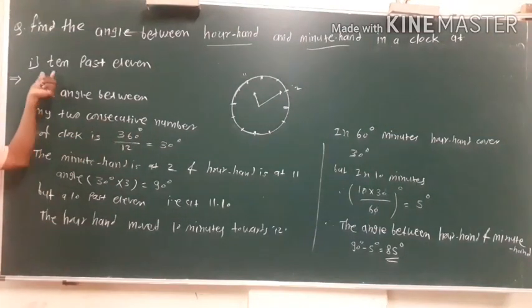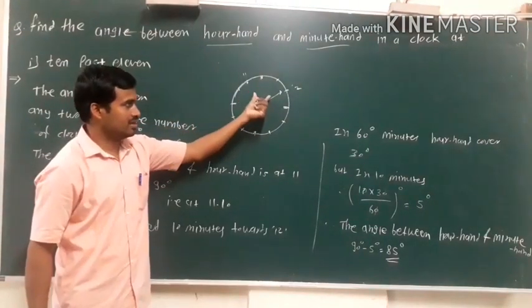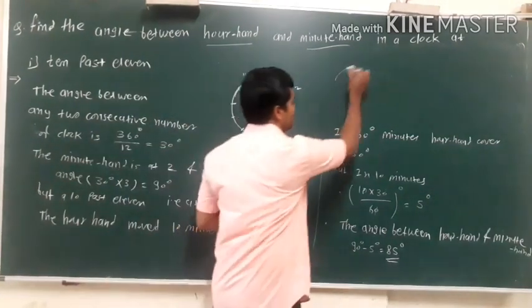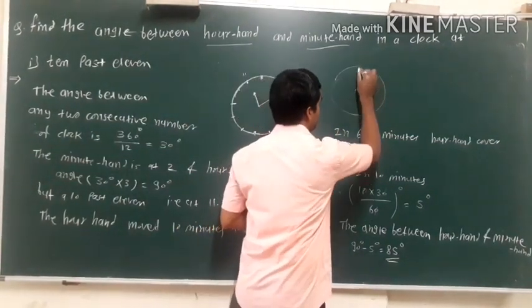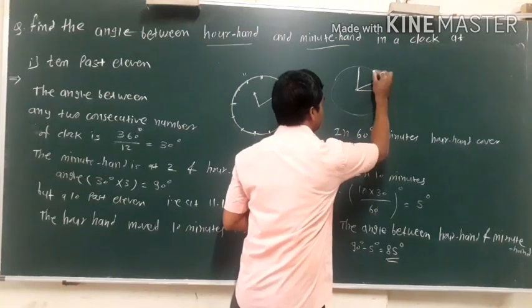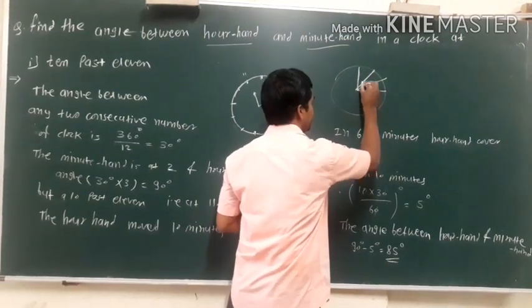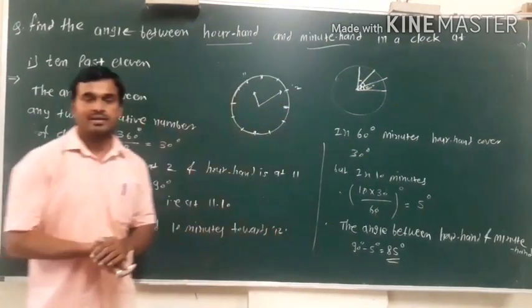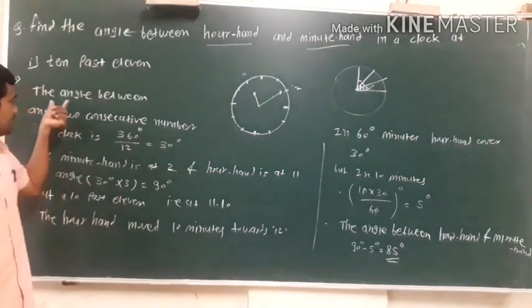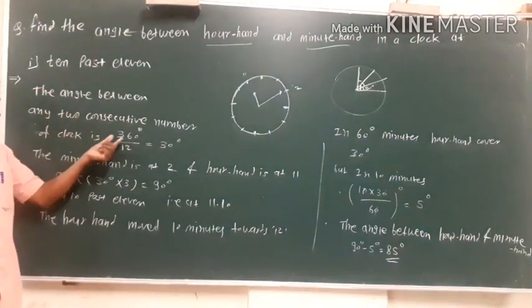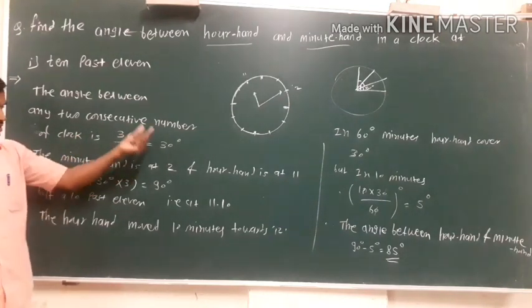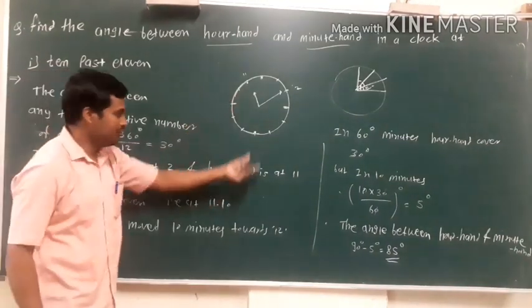So let's see here, 10 past 11. These are the angles. The angle between any two consecutive numbers is 360 by 12 equals 30 degree. The minute hand is at 2, the hour hand is at 11.